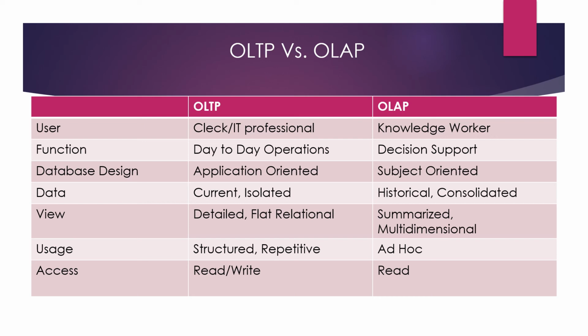Data: OLTP is current and isolated; OLAP is historical and consolidated. View: OLTP is detailed, flat, relational; OLAP is summarized and multidimensional. Uses: OLTP is structured and repetitive; in OLAP it is ad hoc. Access: OLTP is read and write; OLAP is read. In times to come, we will discuss what activity is done in OLAP and what is done in OLTP. Thank you.